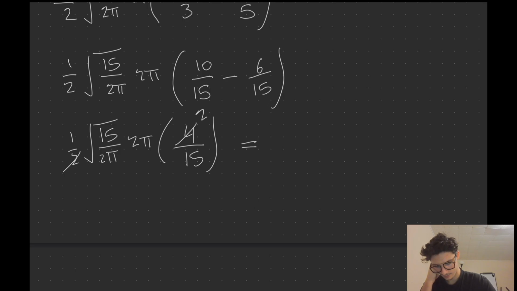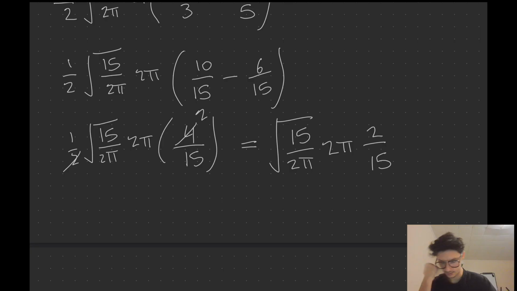What we have now is square root of 15 over 2 pi, 2 pi, and then we have a 2 on 15. This is still looking bad. Still looking quite bad. But maybe we got this. Okay, let's bring everything into the square root.